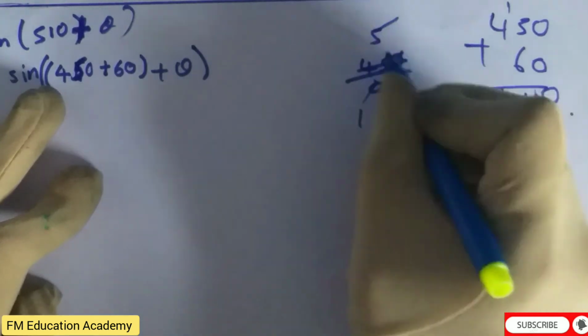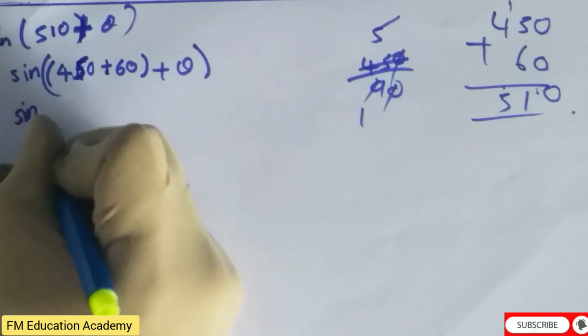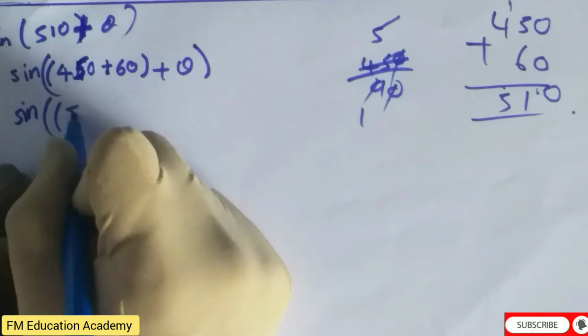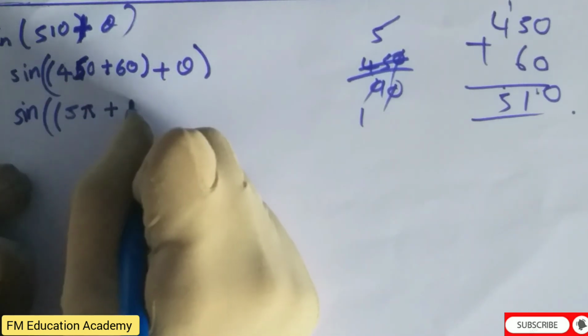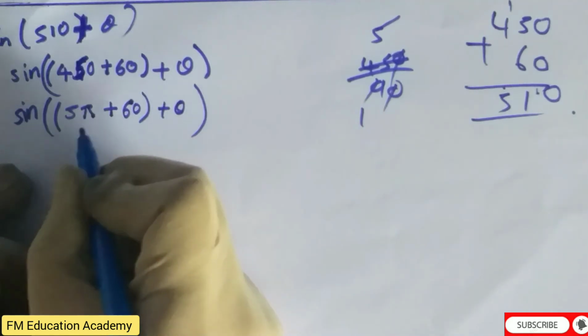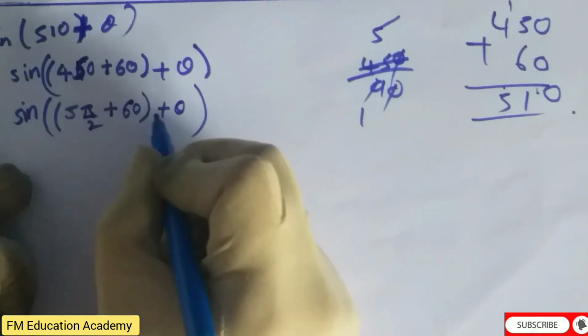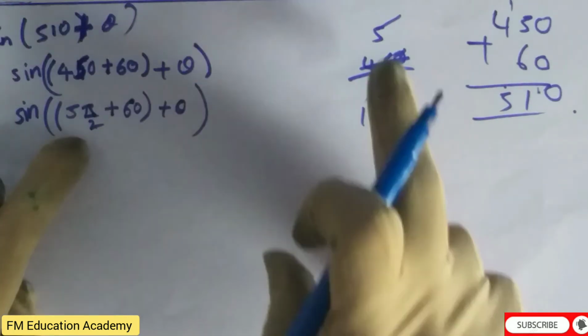That is 5 into 90 is 450. So we can write this 450 as 5 into 90, that is 5 pi by 2, plus 60 plus theta. What is this pi by 2 here? Pi by 2 is 90, because 5 into 90 is 450.